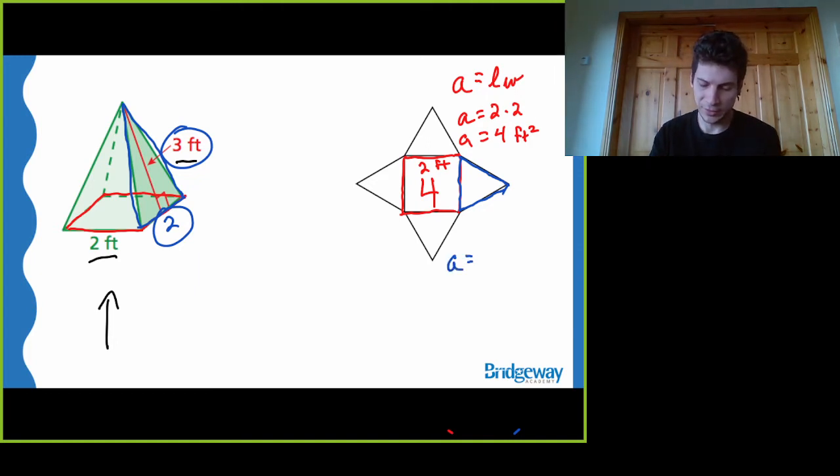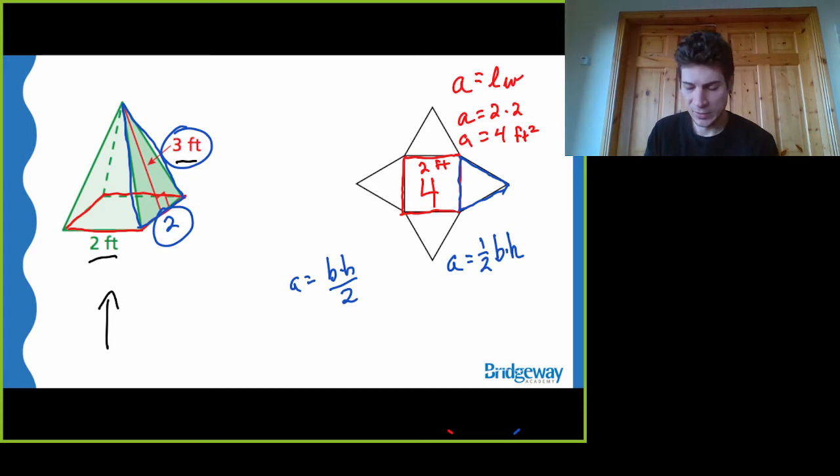Hopefully you remember what it is. The formula for the area of a triangle is 1/2 base times height, but you can also think of that as base times height divided by 2. It's exactly the same. So let's do base times height divided by 2, just for fun.